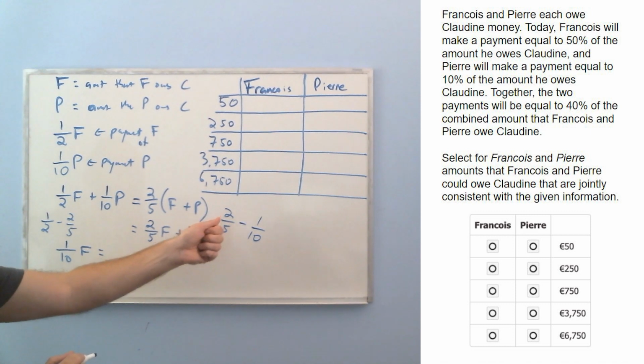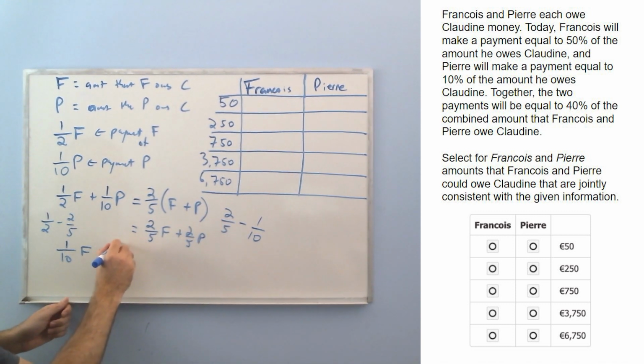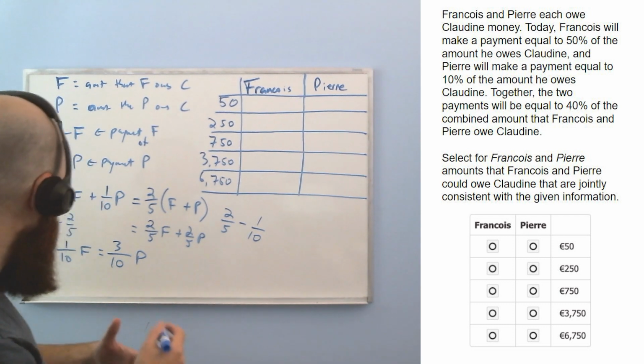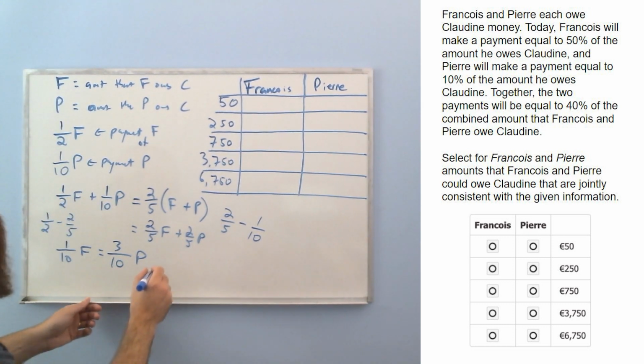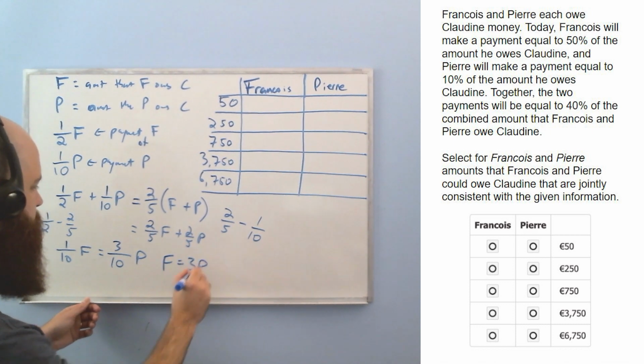Okay, so that's 4/10 minus 1/10. So that's 3/10 P. Okay, I see there's a relationship between F and P. 1/10 of F is equal to 3/10 of P. Can I simplify that a little bit? Sure, might as well multiply both sides by 10. I get F equals 3P.